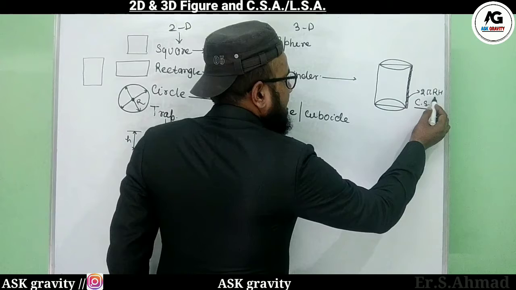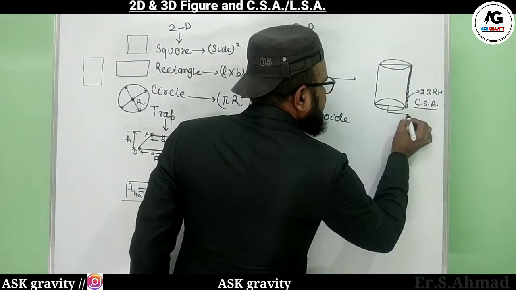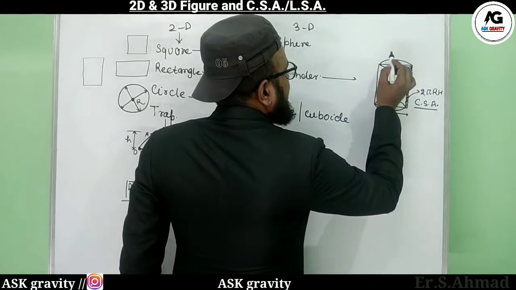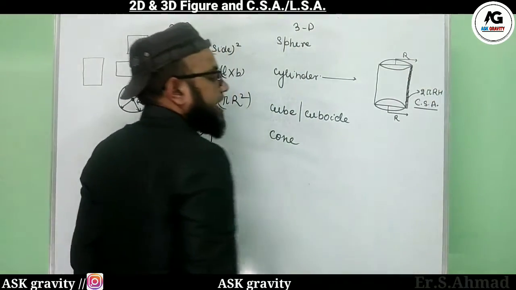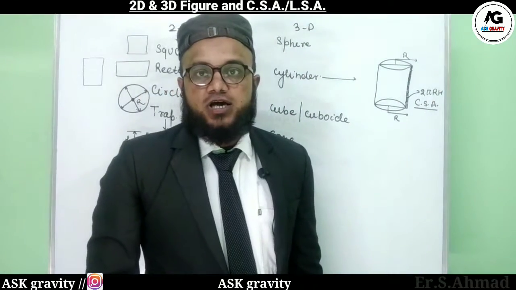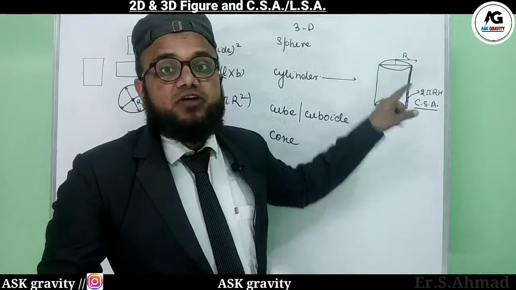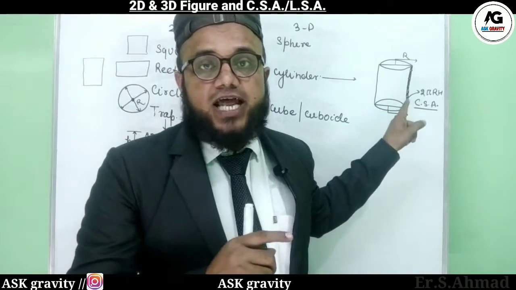But what is r and what is h? r is the radius of the circle in the base, either here or here. The radius at both ends should be the same. If the ends are in taper form like this, we do not consider it a cylinder.